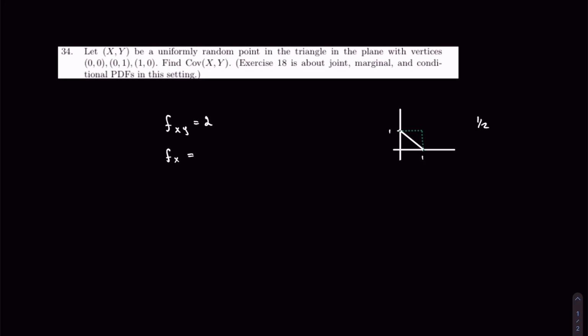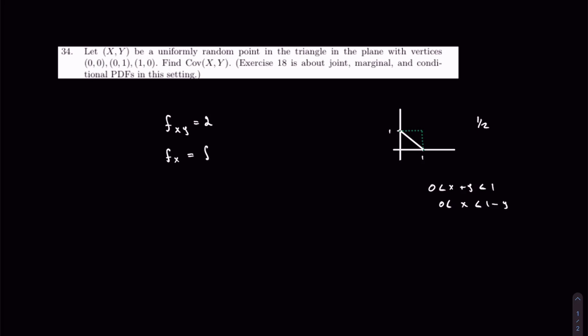Now what's then f of x? Well, for f of x, we would have to marginalize out y. Here x plus y together should be less than 1, and so what we have is x is less than 1 minus y.